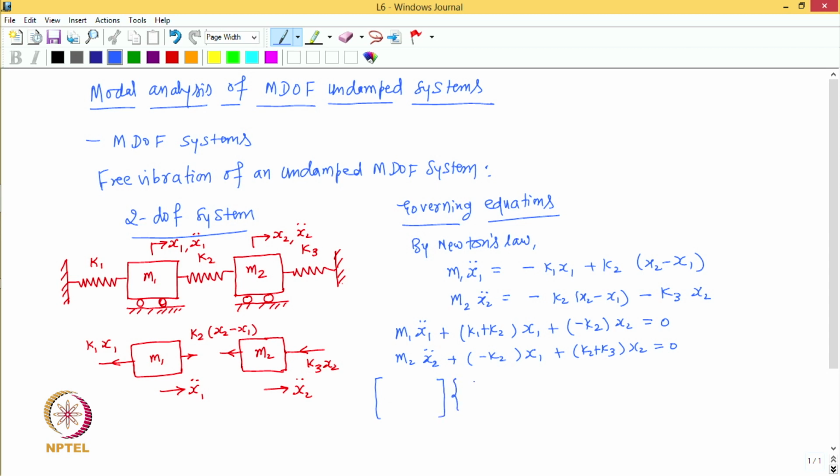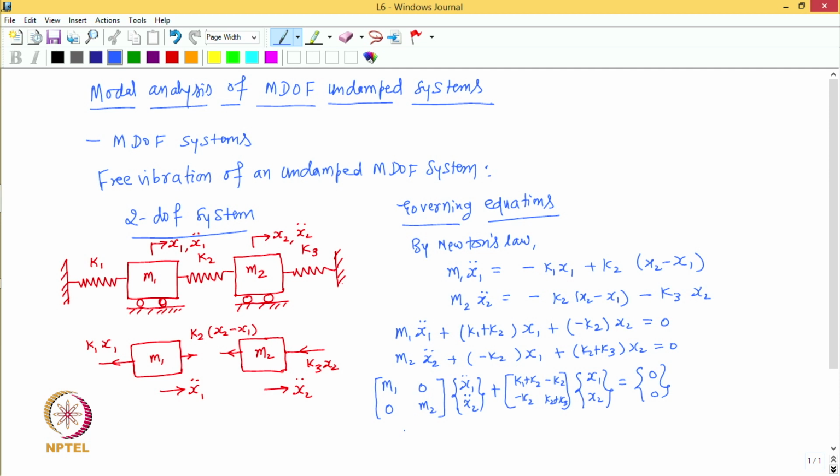We can write them compactly in this manner. If we define the vector of accelerations as x1 double dot and x2 double dot, then this matrix would be m1, 0, 0, m2. Similarly, if we define a vector of displacements x1, x2, then we get here k1 plus k2, minus k2, minus k2, and k2 plus k3, right.